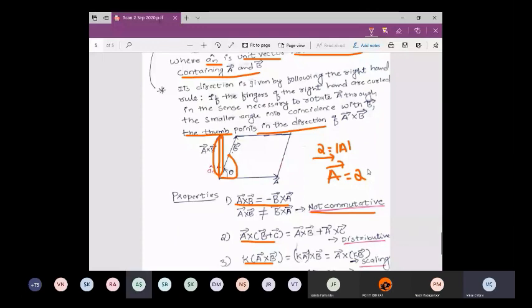The unit vector, A cap, with subscript A. Exactly.